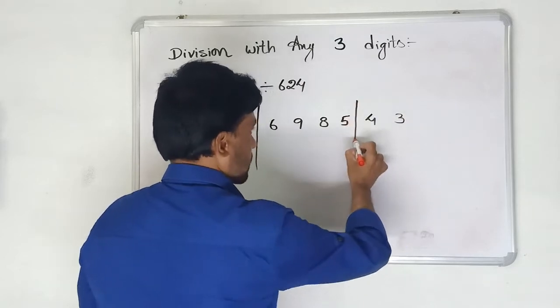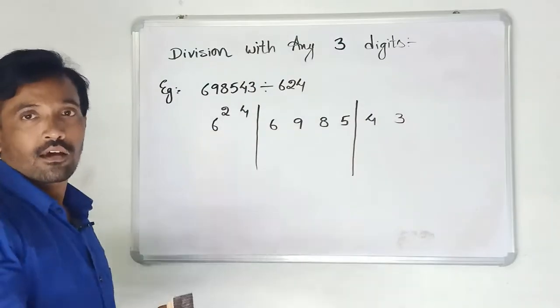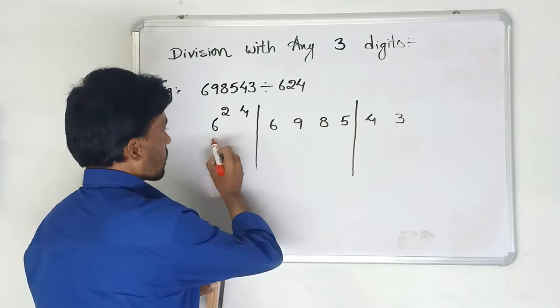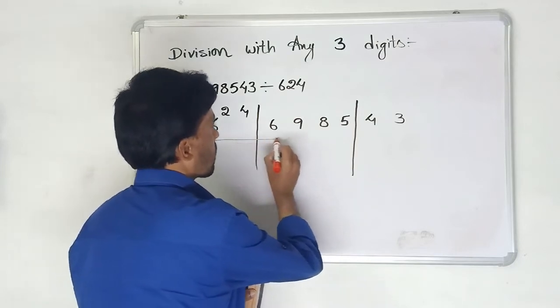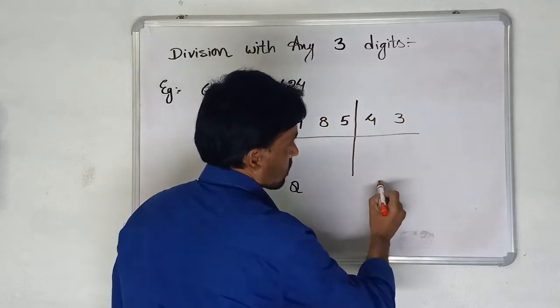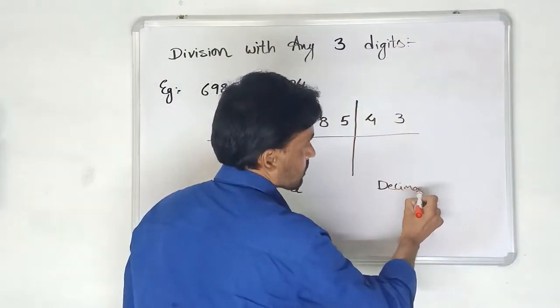For as many digits as are in the suffix, from your right-hand side take a partition like this. This part, we already know, is the quotient part. This part we call the decimal part.